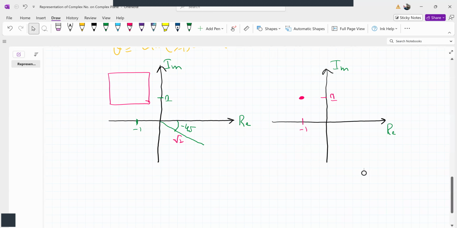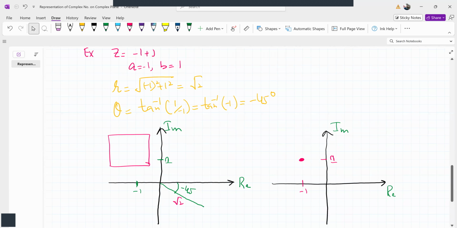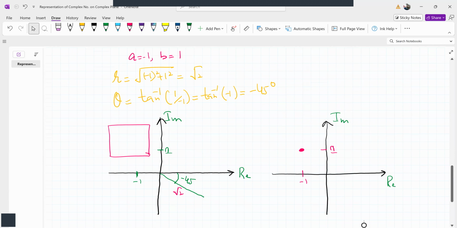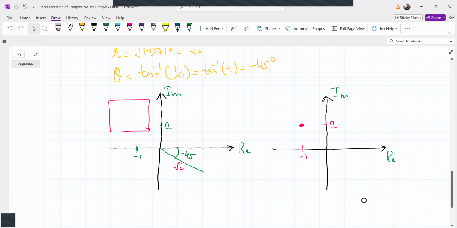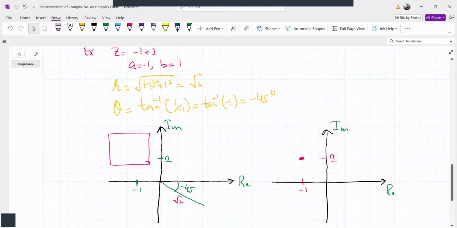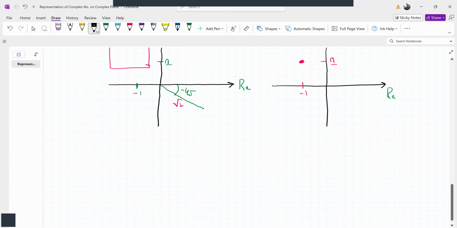Now, if I have to use the polar form, how do I do this? If we use the calculator, the result says this has a length of root 2, but the angle is minus 45. So how do we rectify this angle? Simply, whenever you know that the complex number lies in the second or third quadrant, simply add 180 degrees to this.